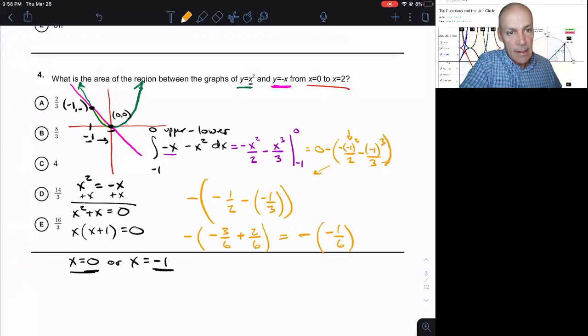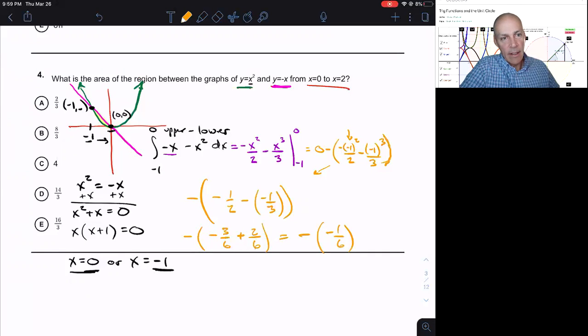Huh. Okay, let's see. All right. Well, it's a good lesson for Mr. O'Sullivan to read the entire problem. So, we graphed it correctly.